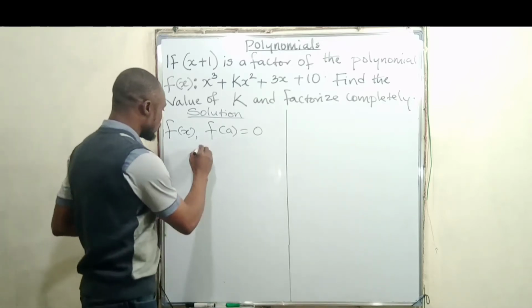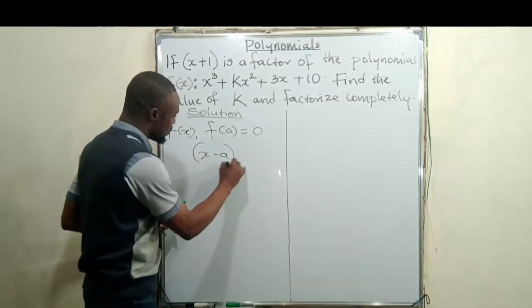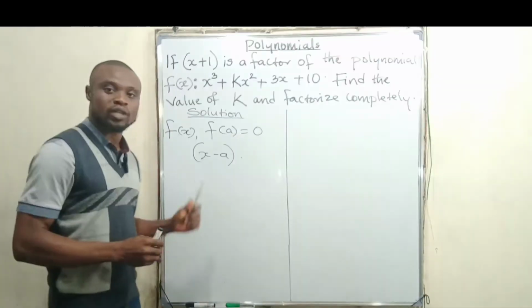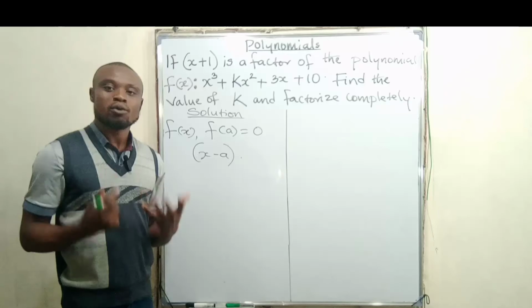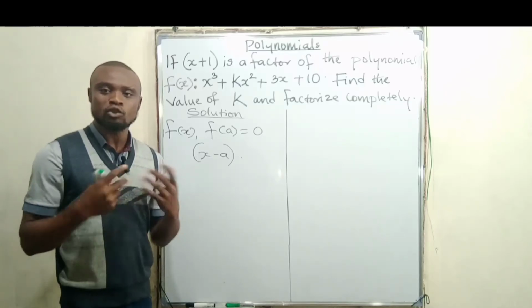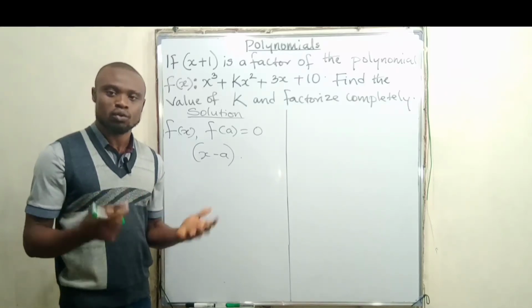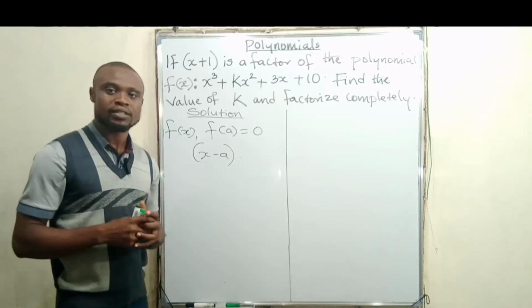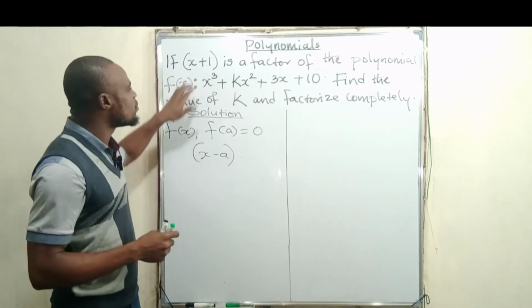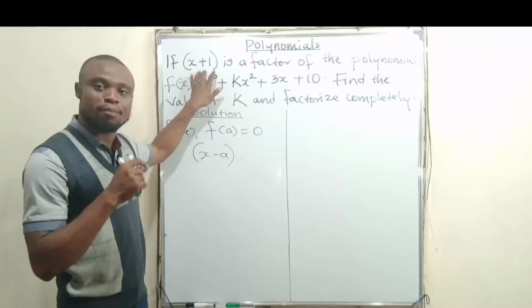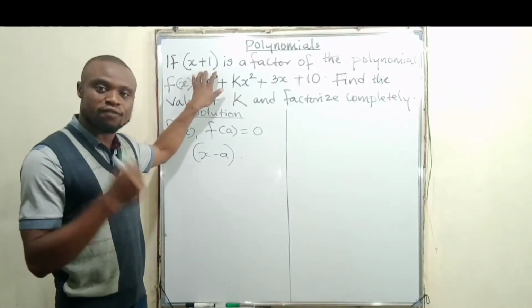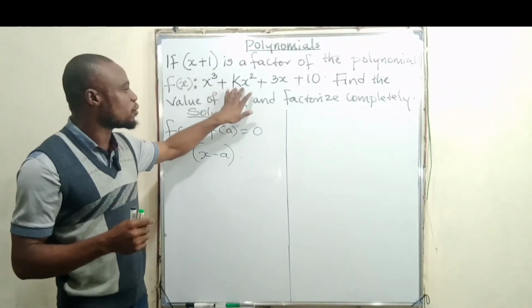So that means x minus a is a factor. So a could be 1, a could be 2, a could be 3, a could be minus 1, and so on. Right?